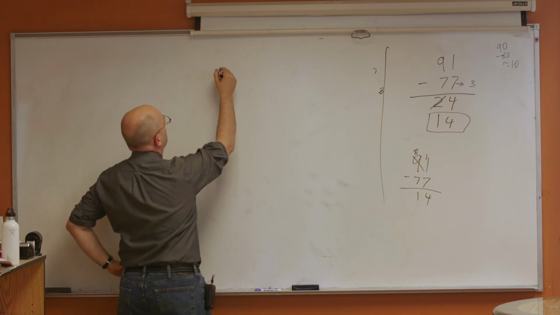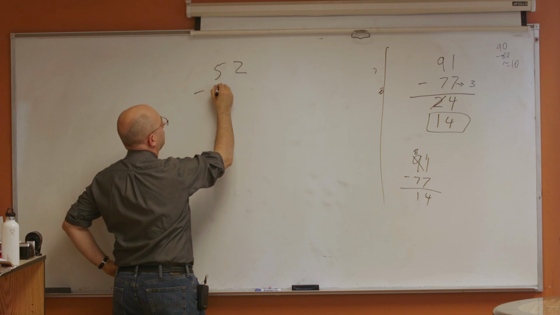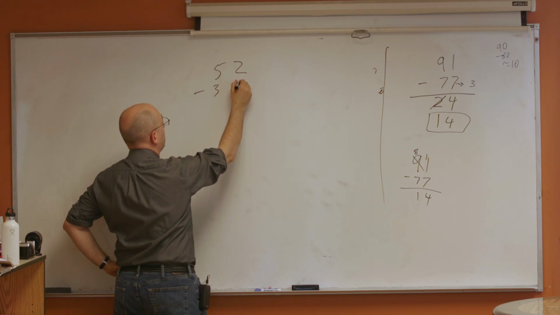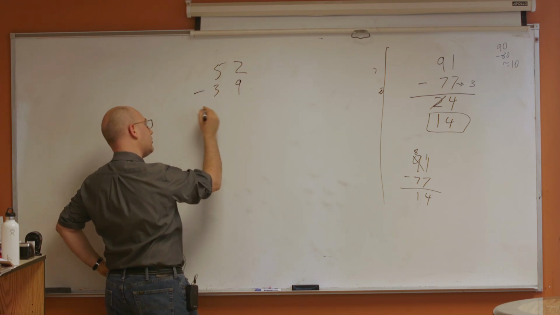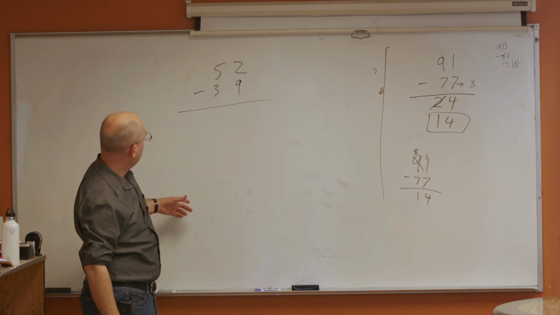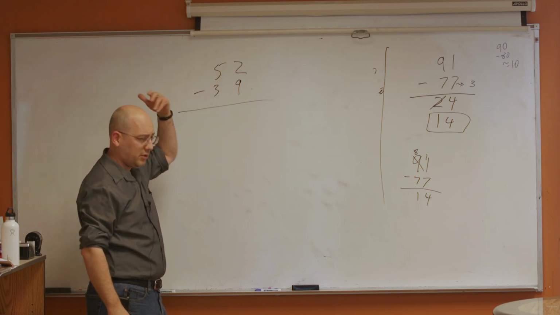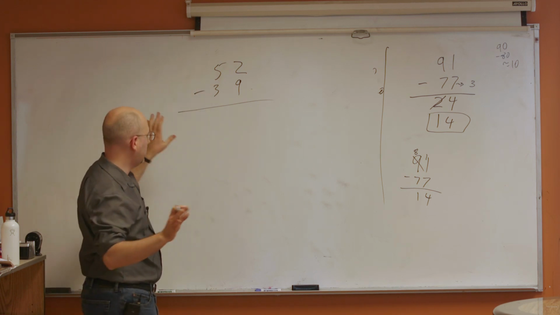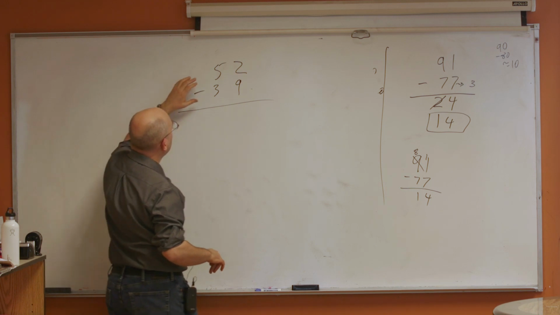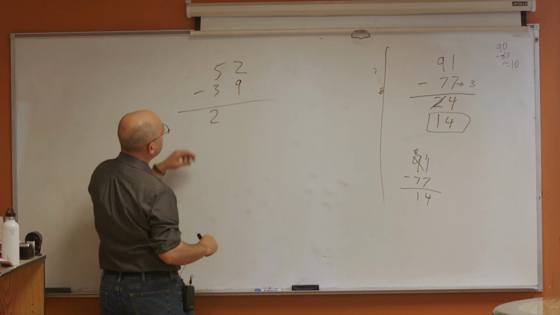I don't know. 52 minus 31. No, 39. Let's go with 39. 31 would not be useful. All right. So again, in my head, I look at it and I say 50 minus 40, 10. So I already know I want to round it to 10. Now, 5 minus 3 is 2.